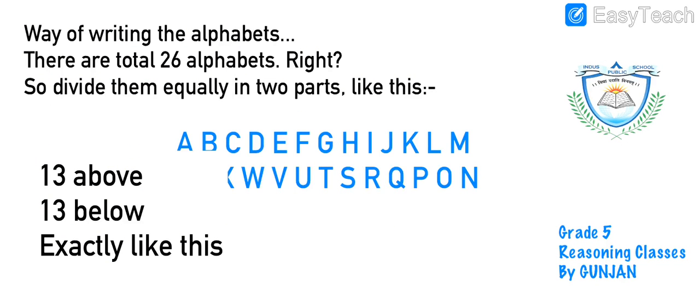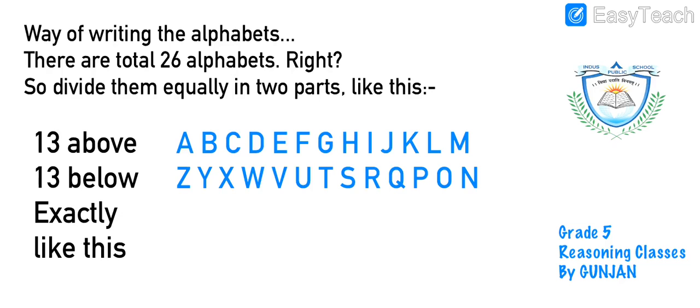Now, how to write the alphabets? See, there are a total of 26 alphabets, right? So what I have done is I have divided them equally into two parts. That means I have written 13 alphabets above and 13 alphabets below.